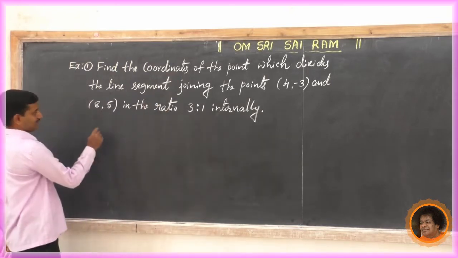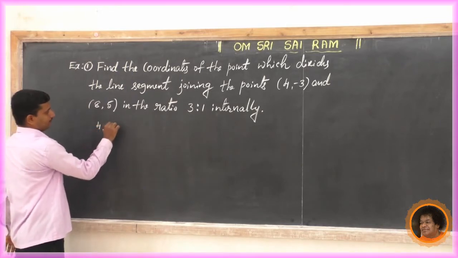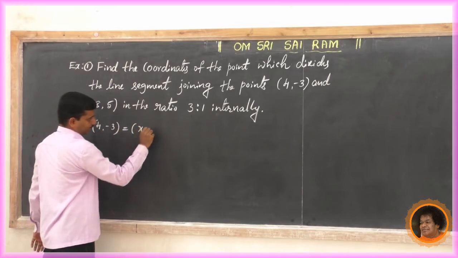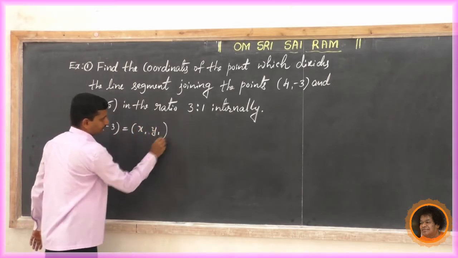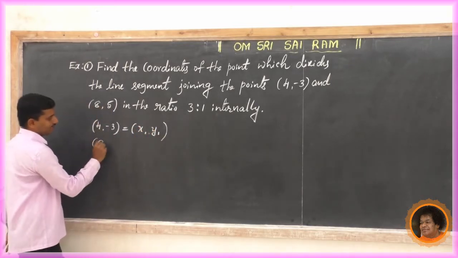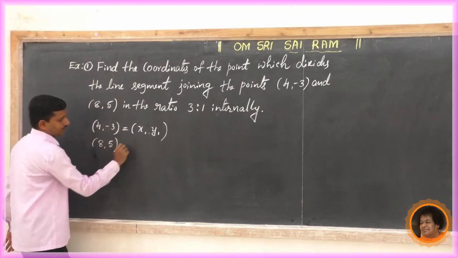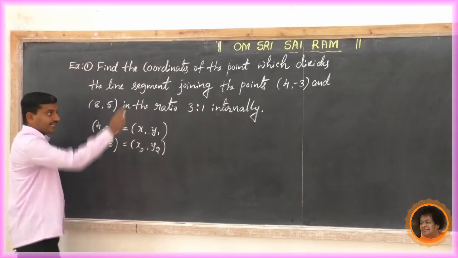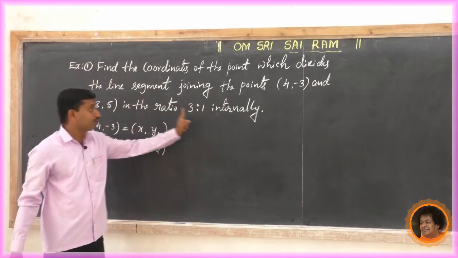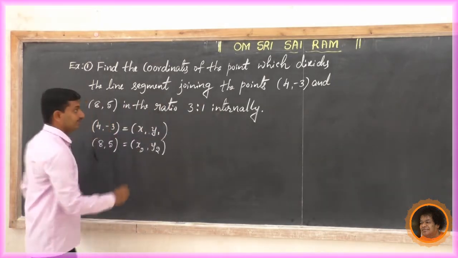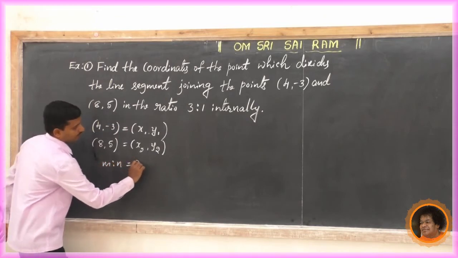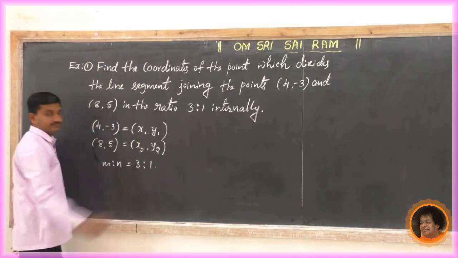So here the coordinates are given: 4, -3, that is x1, y1. And the second coordinate 8, 5, that is x2, y2. And the ratio is also given, 3:1 internally, that is m:n equal to 3:1.